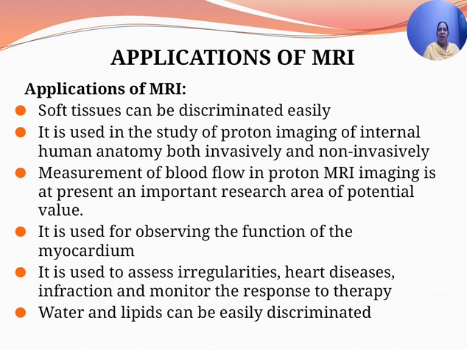It gives the functional activities of different parts of the brain, and also measurement of blood flow in proton MRI imaging is at present an important research area. It is used to observe the function of the myocardium, that is the heart. It is used to assess the irregularities and heart diseases, infarctions, and monitor the response to therapy. So these are the applications where we are using these MRIs.